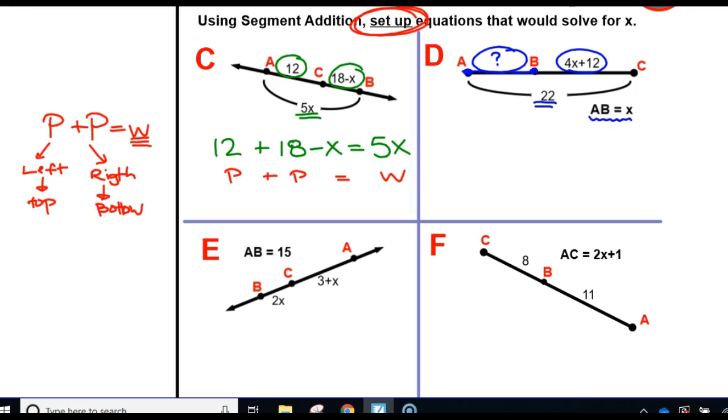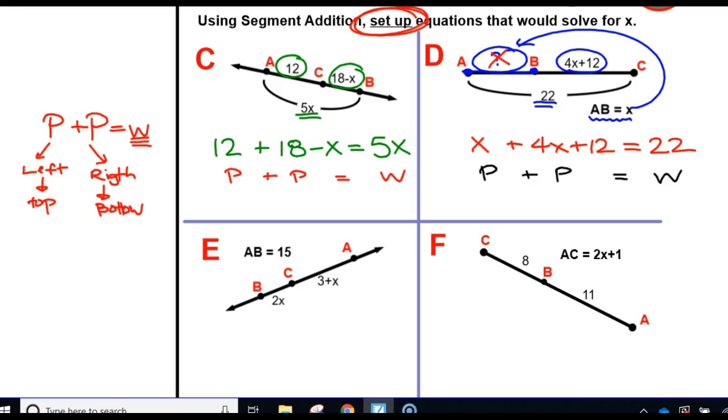Where is B? Oh, that x goes right there. So now I know this guy is x. My part is x. My other part is 4x plus 12. And the whole thing is 22. Part plus part equals whole.